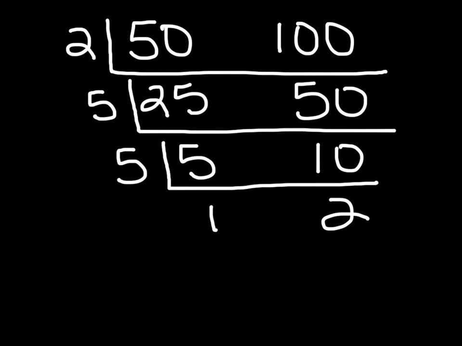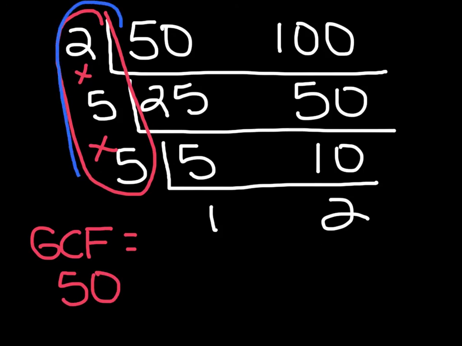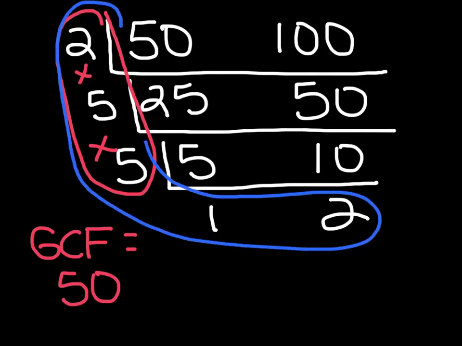Again, your greatest common factor is all of the factors that they shared, so it's everything on the side, and then you simply multiply. 2 times 5 is 10, times 5 is 50, so my greatest common factor is 50. For my LCM, you multiply the L. I've already done this part, I already know that it's 50. 50 times 1 is the same thing, 50, times 2 is 100.